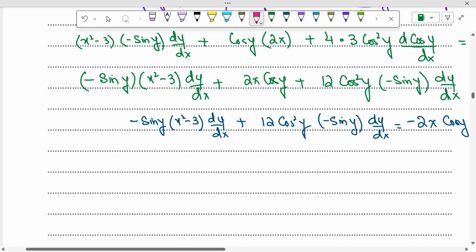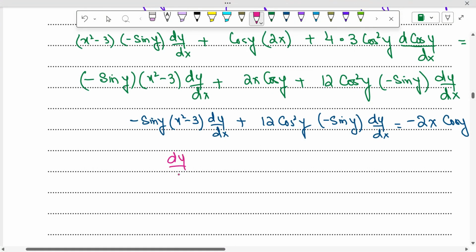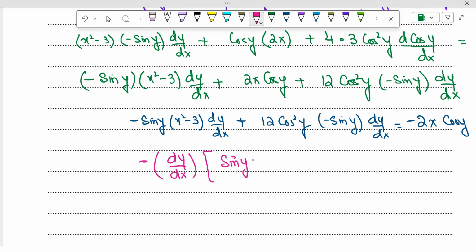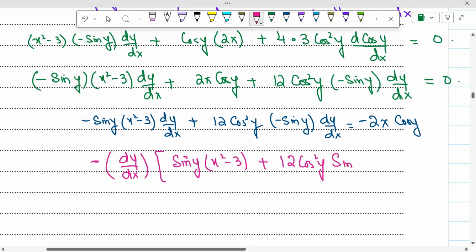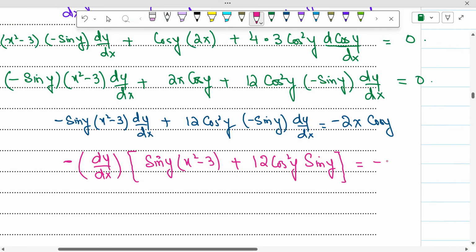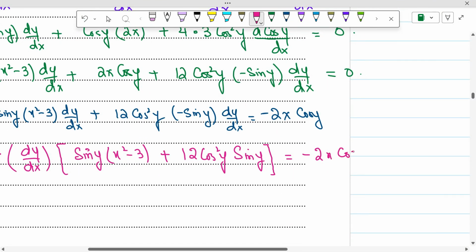Okay, taking negative dy/dx common, we will have dy/dx times negative, and this will be sin y times (x² − 3) plus 12 cos² y times sin y, which is equal to negative 2x cos y.